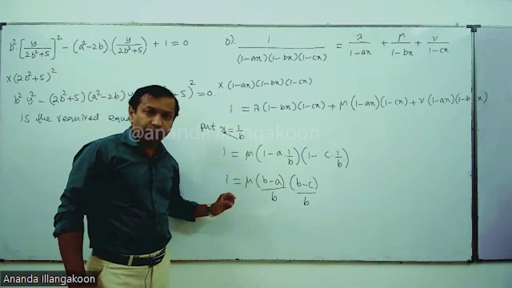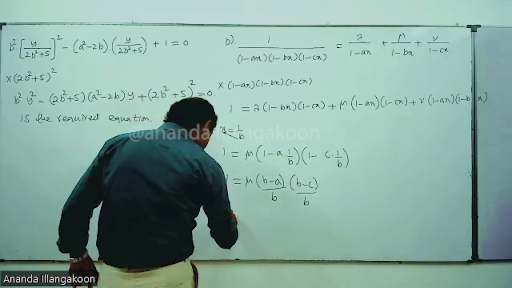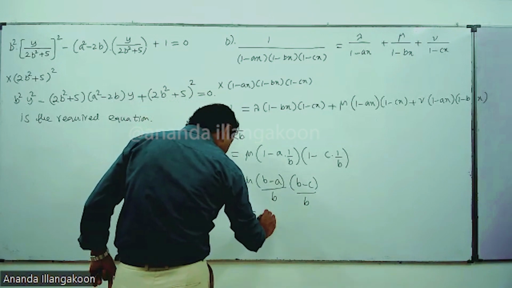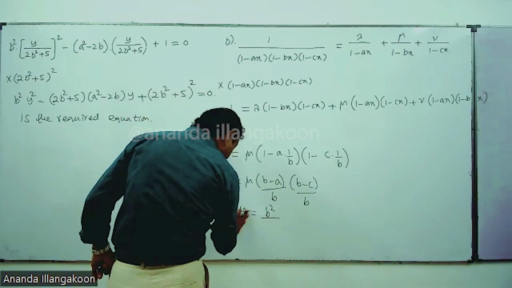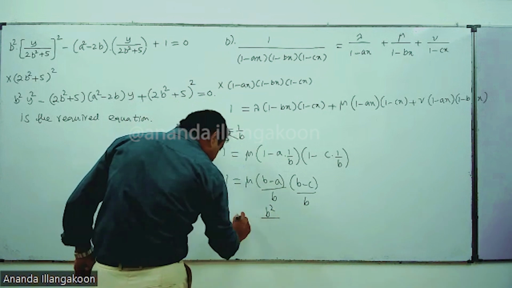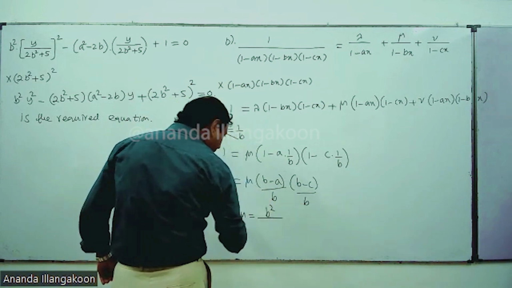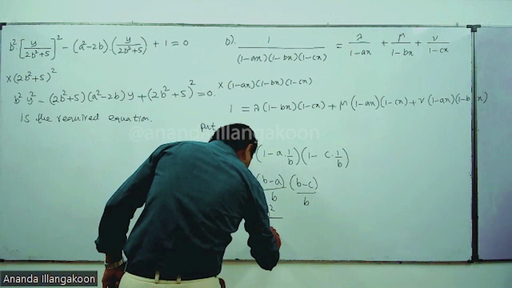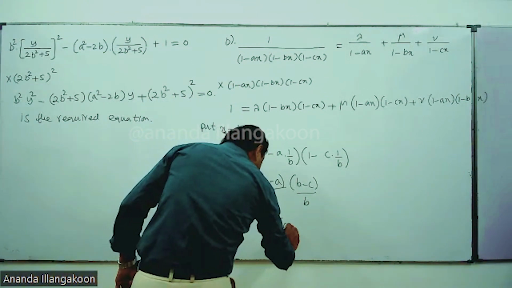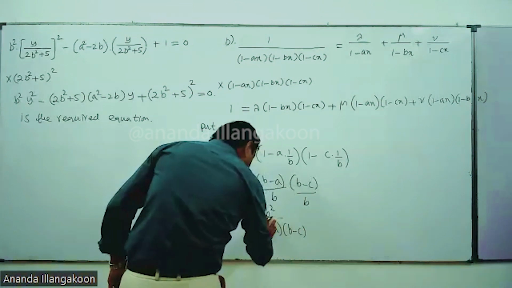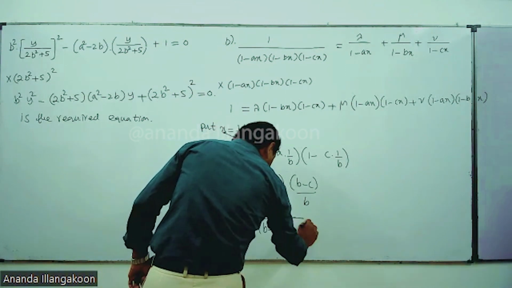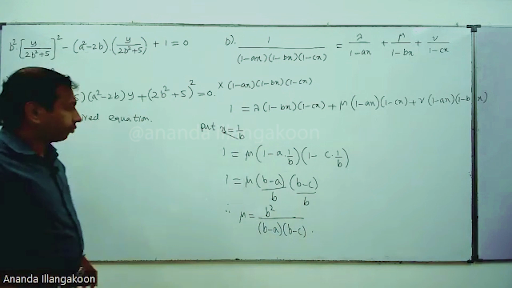Then we get mu. Therefore, mu is equal to b squared upon b minus a, b minus c. This way we can find mu, right?